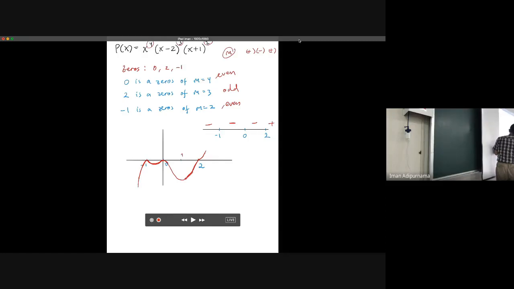But because of the sign of the function between negative 1 and 0, something makes the function go here, because if it were positive, it should be crossing this line, right? But because it's also an even function, you predict that it should be like this.